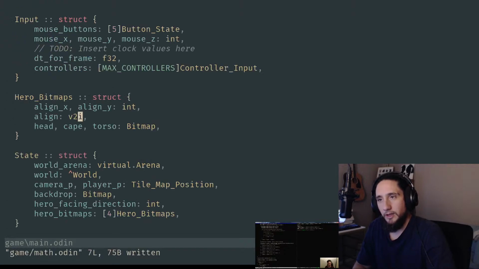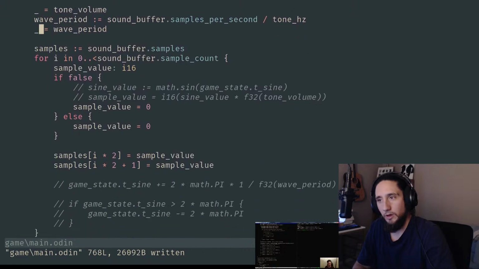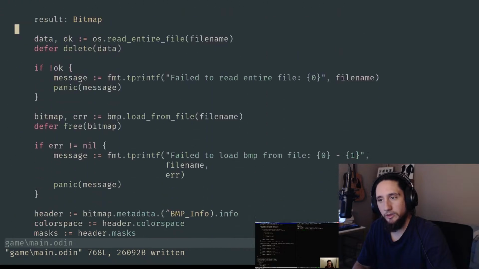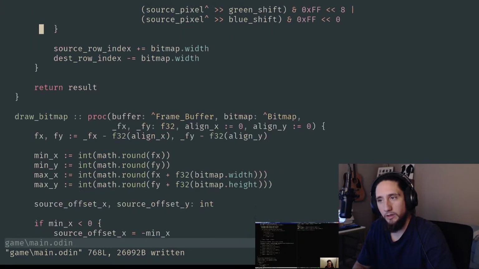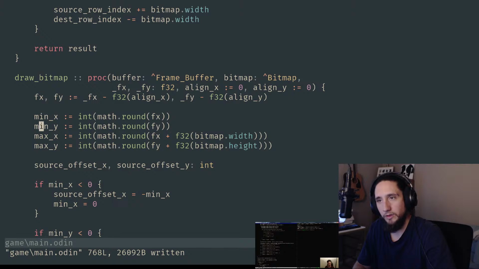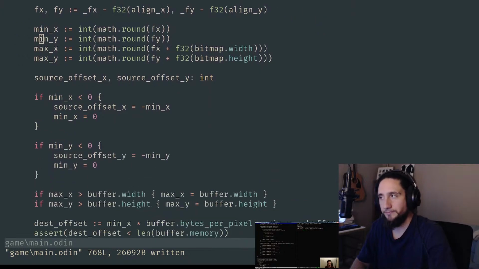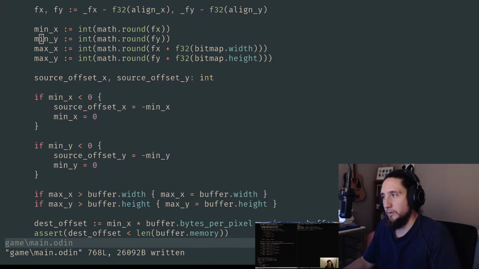So probably something like that. And it'll just start to go a lot faster because a lot of that is just going to be dropping in vector code where we have all of this decoupled X and Y code. But thanks for hanging in there with me and watching me enjoy Odin's array programming.